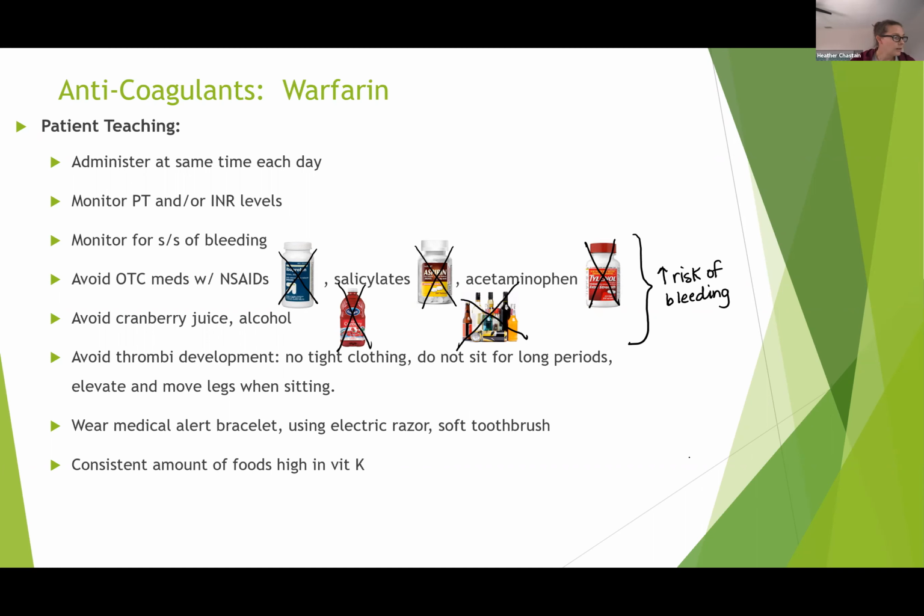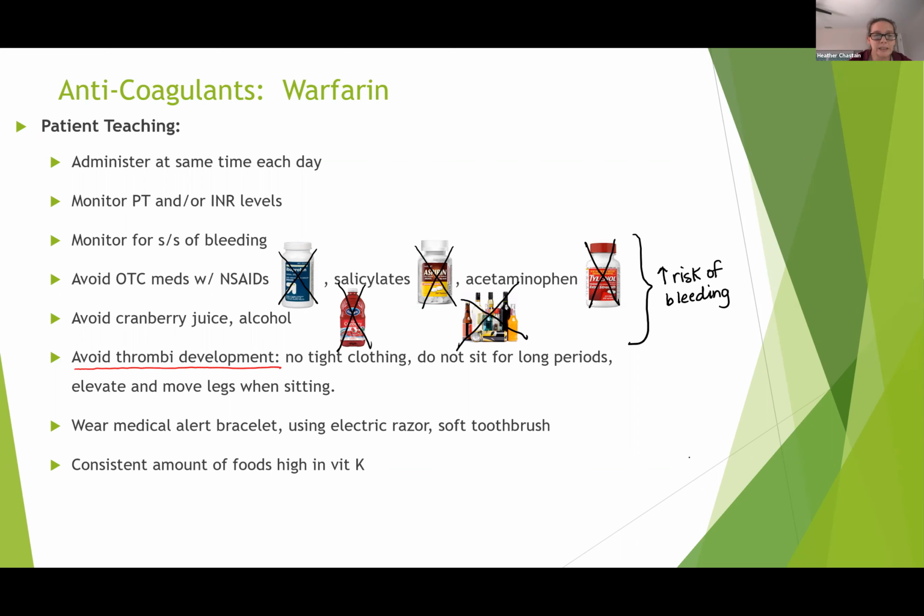We want to avoid thrombi development. These patients are at risk anyway, or they wouldn't be on this medication. Things that increase your risk of thrombus development would be wearing tight clothing and sitting for long periods of time. They shouldn't let their legs dangle. That's not good for them. Crossing their legs is not good.